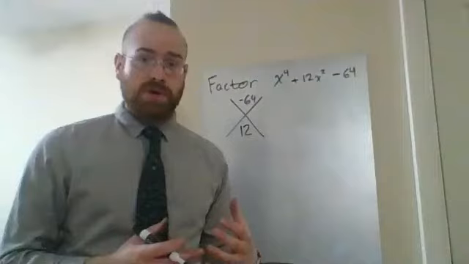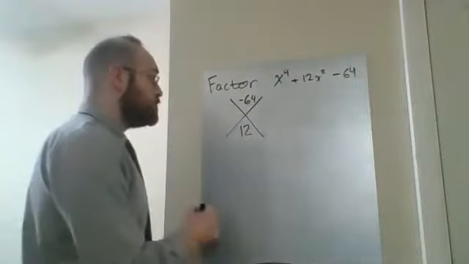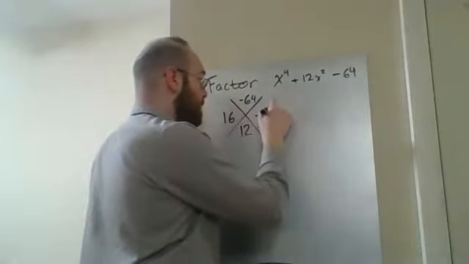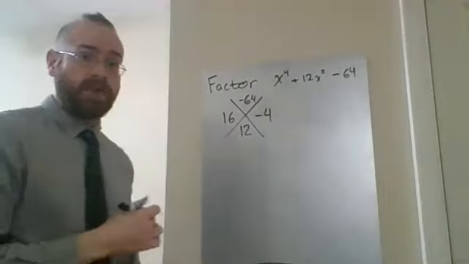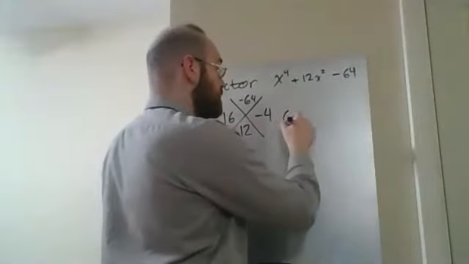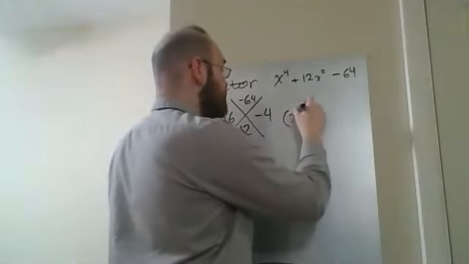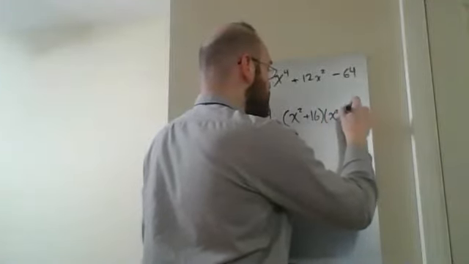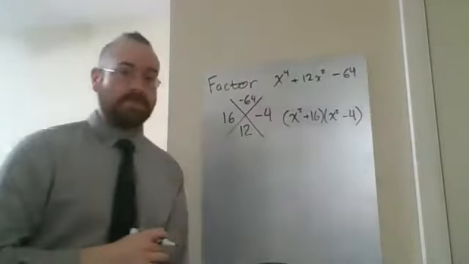If you've done the work already, you may have found that these two numbers are 16 and negative 4. So we can factor this expression as x squared plus 16 times x squared minus 4.